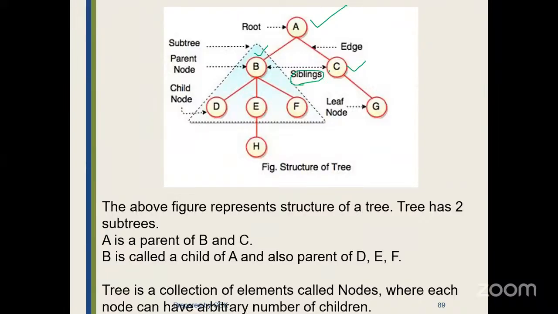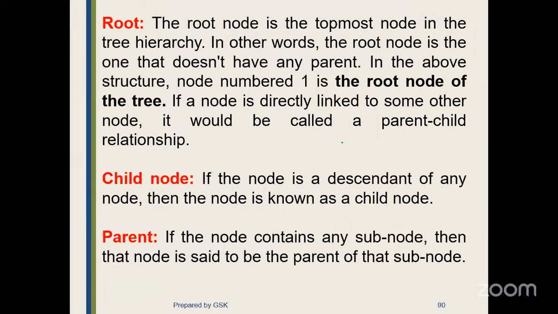So in this, B and C are siblings. D, E, F are siblings. But F and G are not siblings. F's parent is B, G's parent is C. So F, G are not siblings. We can say D, E, F are siblings because D, E, F's parent is B only.